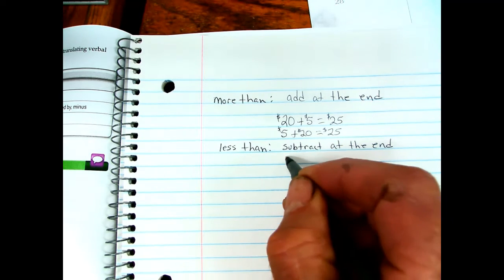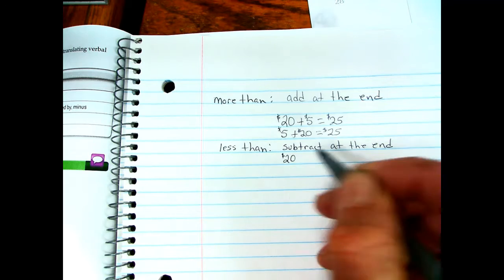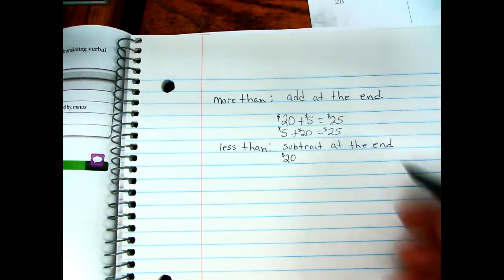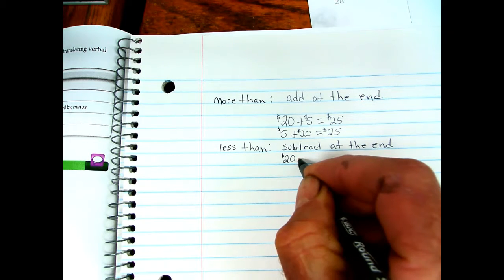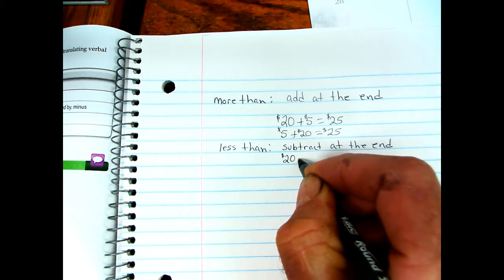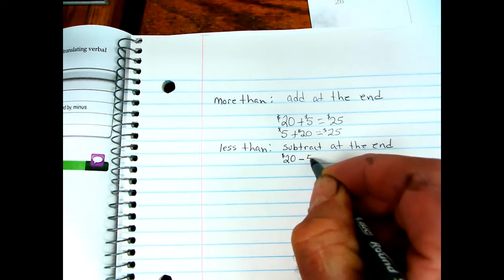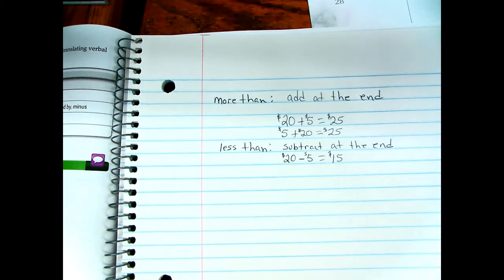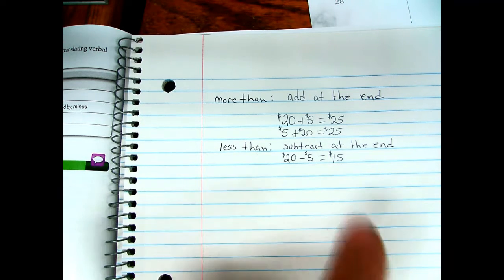So if I have $20 and somebody said that you have $5 less than my $20, well, that would mean subtract at the end. That would mean that you have $15. And that makes sense. If you have $5 less than me and I have $20, then you have $15.